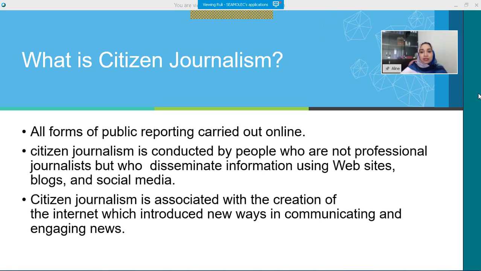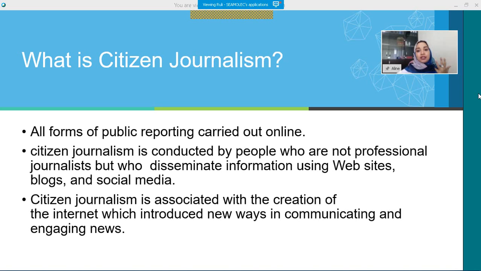This one is according to Bowman S. and Willis C. in the year 2003.